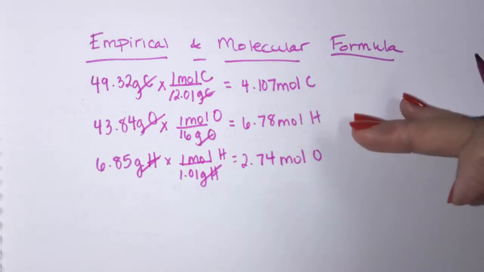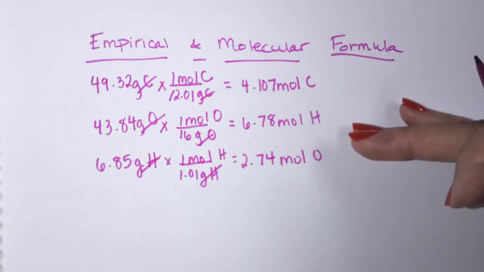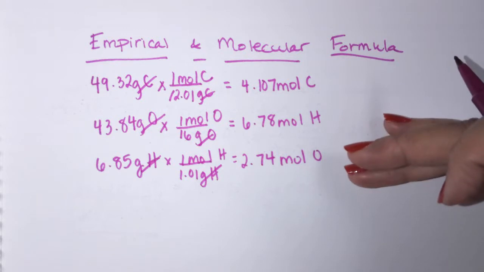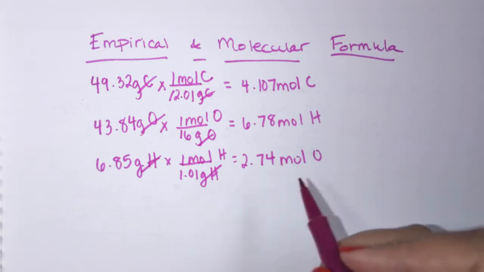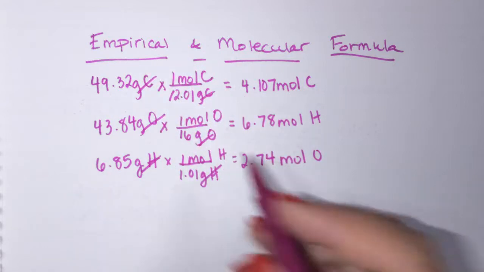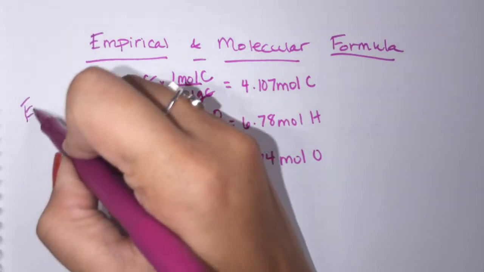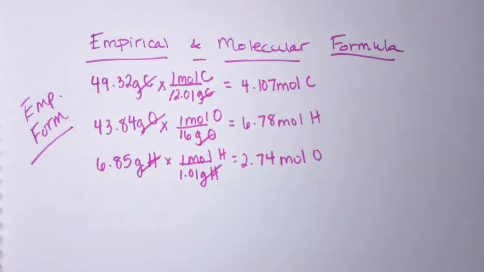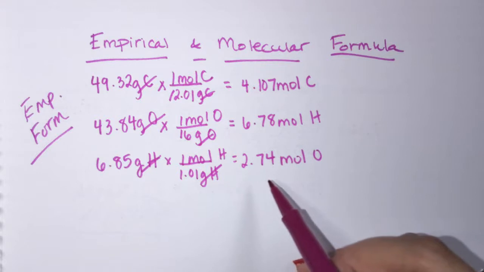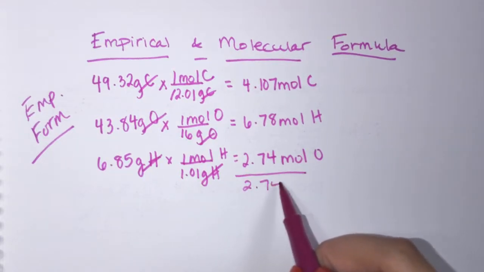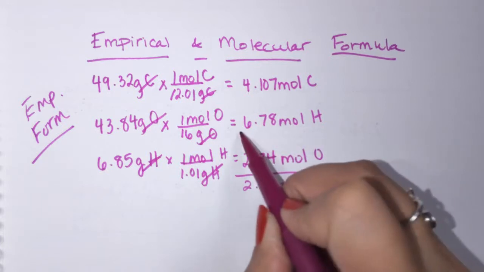So now that I have everything converted to moles, I am going to find the smallest mole value, and find the ratios of each of these to that smallest value. Because remember, we are looking for the empirical formula for this particular problem. So I see 2.74 is the smallest amount, so I'm going to take each of these and divide it by 2.74 moles.